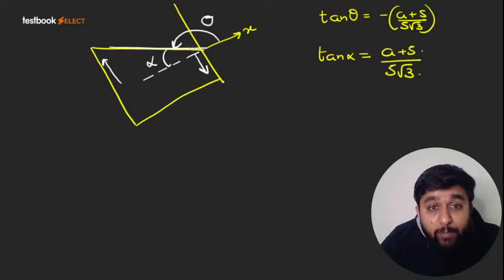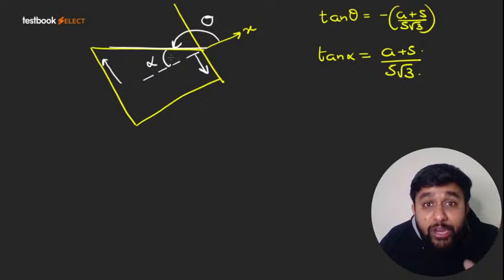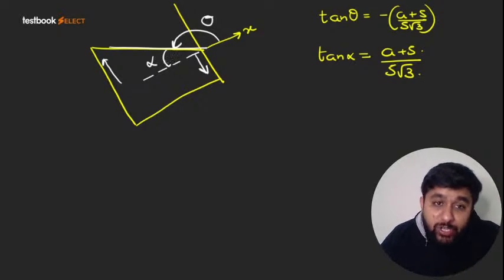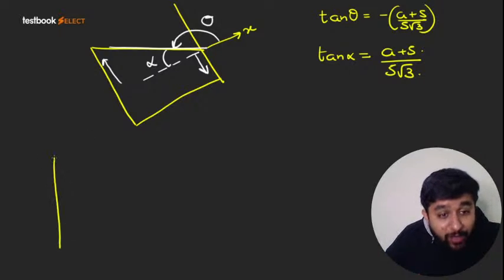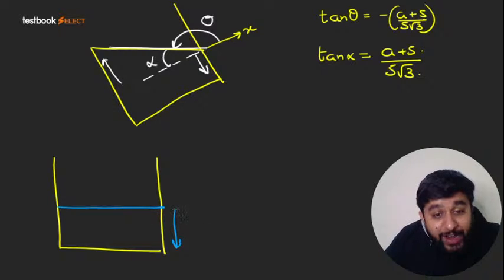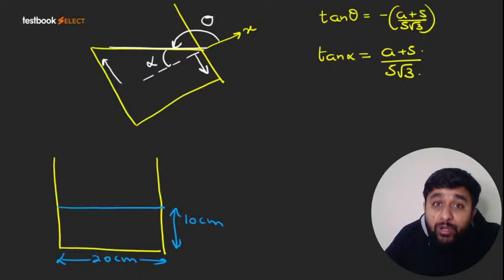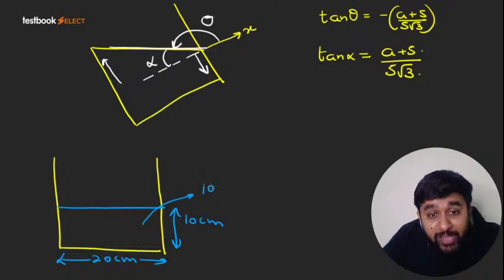So this is the shape of water when the container is moving with constant acceleration. And when the container was at rest, this was the shape of water. How much was this height? 10 centimeter. How much is this length? 20 centimeter, right? So what is the volume of water? 10 centimeter by 20 centimeter by 1 meter, है ना?